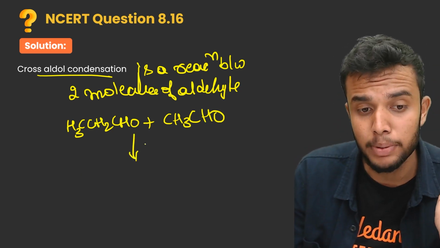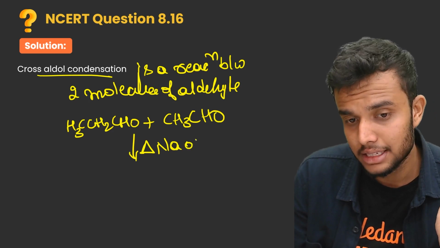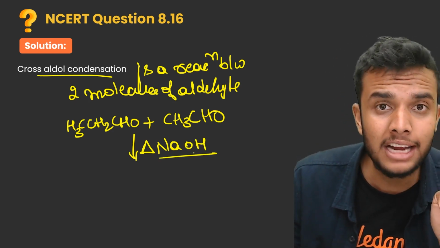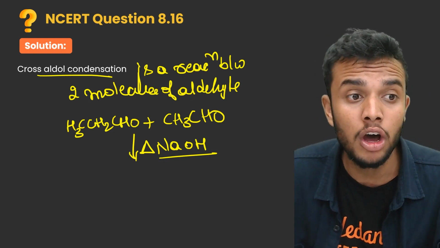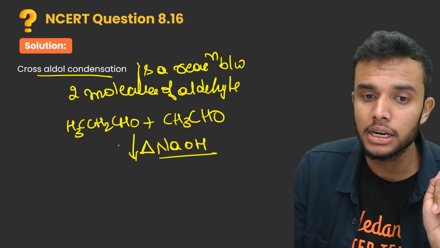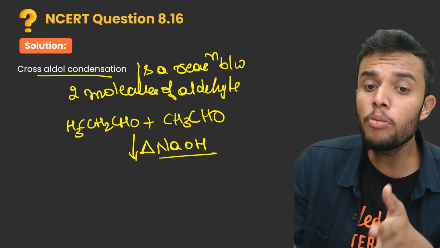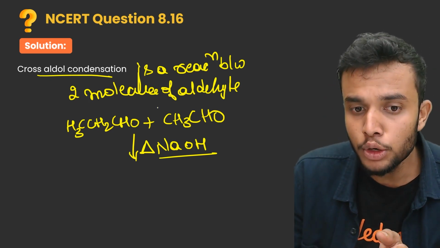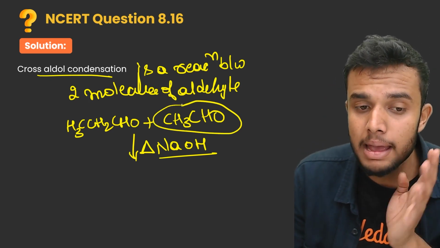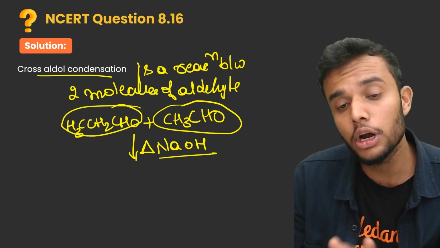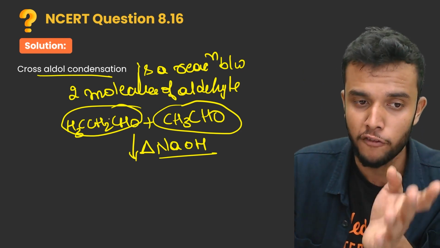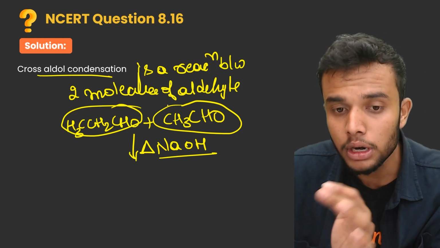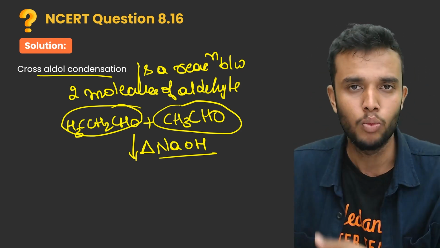I already explained, in the presence of base NaOH, it gives four products. The first two are self-aldol condensation and the other two products are crossed aldol condensation. Self-aldol condensation is where the product is formed from two molecules of the same compound, and in the crossed one, from one molecule of aldehyde and one molecule of the other compound, and vice versa.